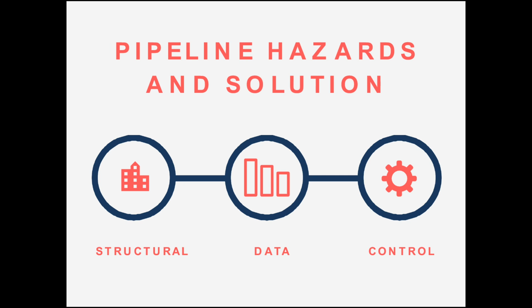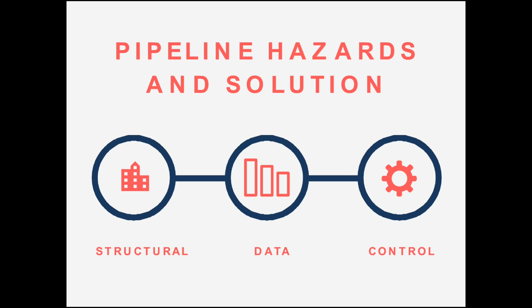Finally, and most importantly, we will discuss pipelining hazards and the solutions. A hazard is a situation that would cause incorrect execution if the next instruction were launched during its designated clock cycle. There are three main types of hazards: structural, data, and control. There are two causes of structural hazards.